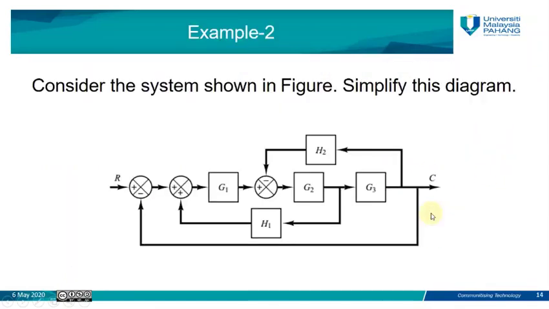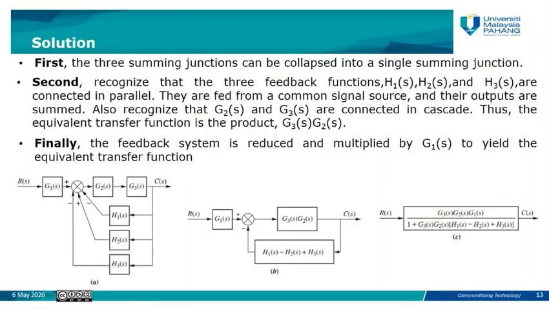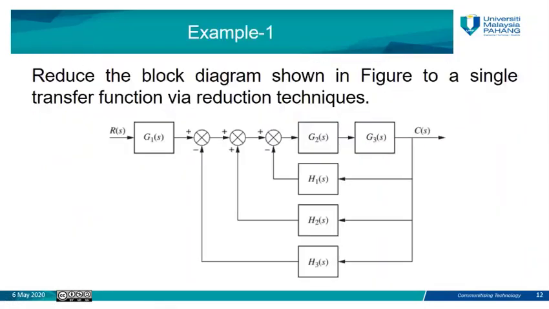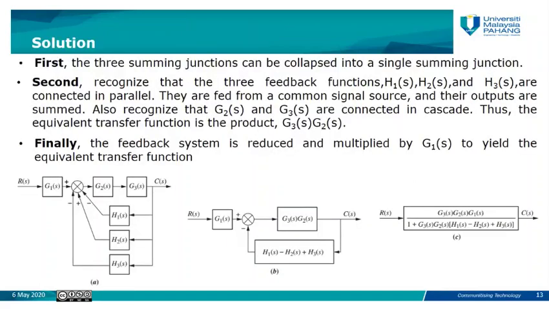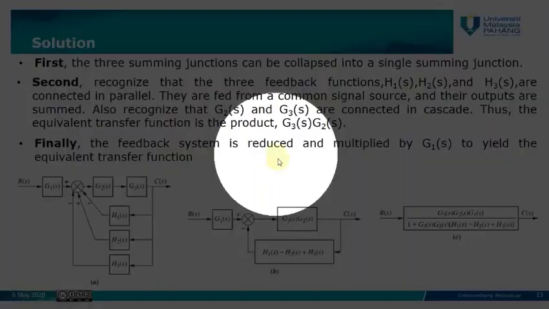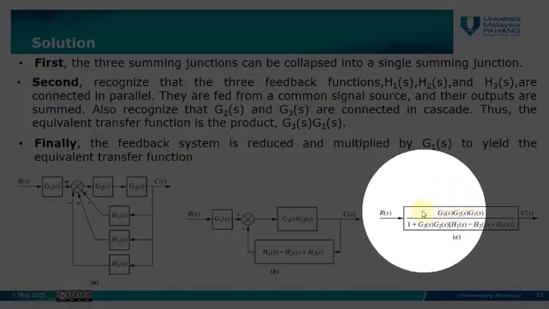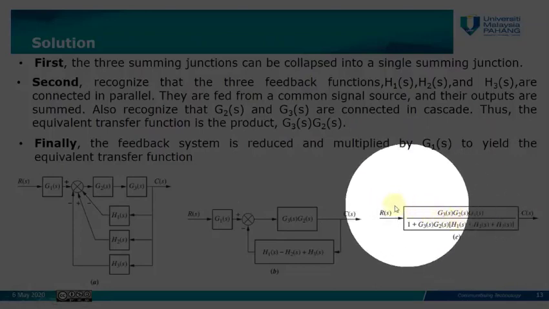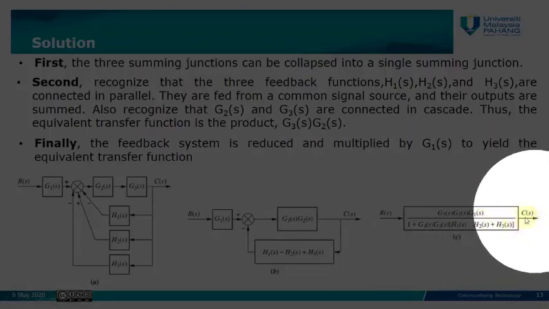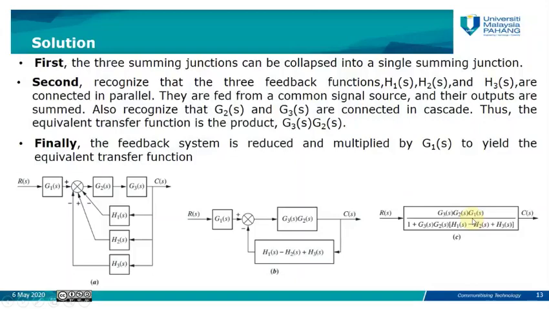Now this system, which consists of multiple blocks, 1, 2, 3 forward and 1, 2, 3 backward and 1, 2, 3 summing junctions, is simplified into this single block with one transfer function, one input, and one output.